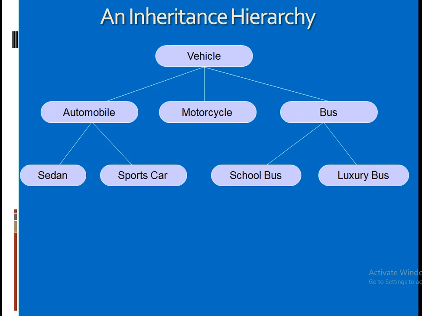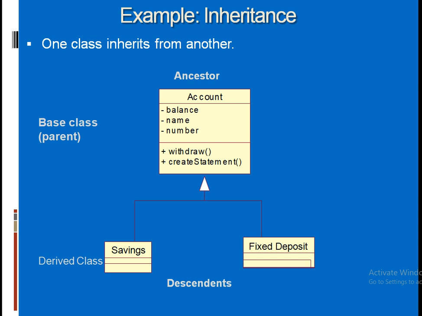So it is an inheritance hierarchy where the base class is called vehicle and the derived classes are called automobile, motorcycle and bus. Based on the hierarchy, it can be derived into other subclasses also.